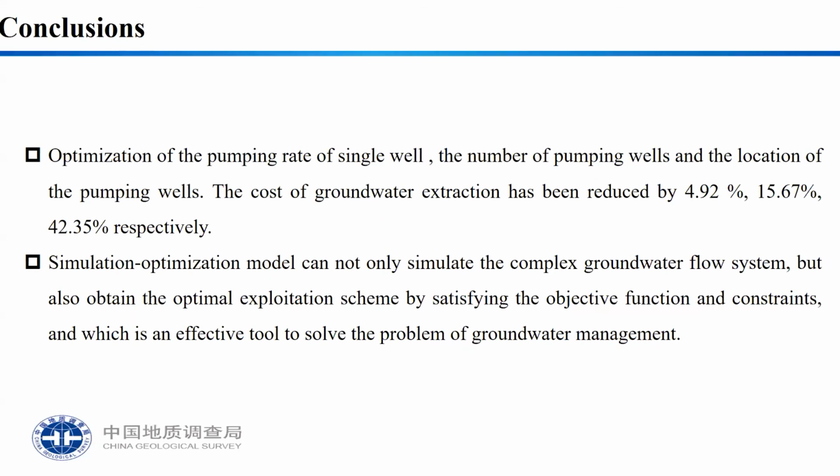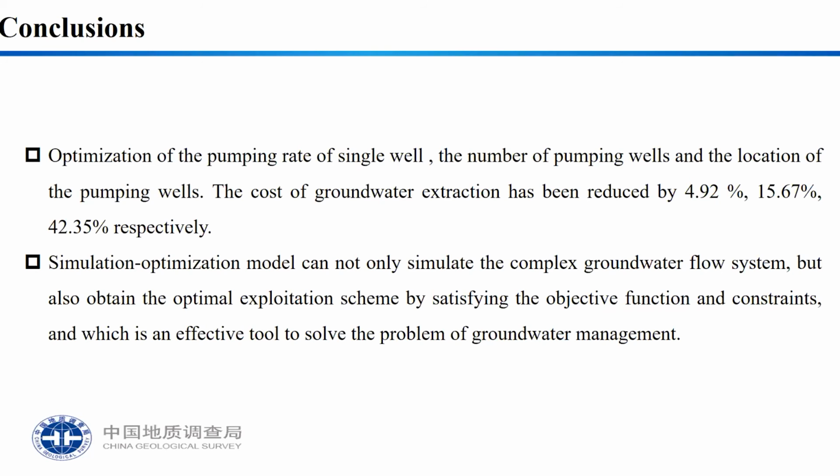Conclusions: optimization of the pumping rate of single well, the number of pumping wells, and the location of the pumping wells. The cost of groundwater extraction has been reduced by 4.92%, 50.67%, and 42.35% respectively.